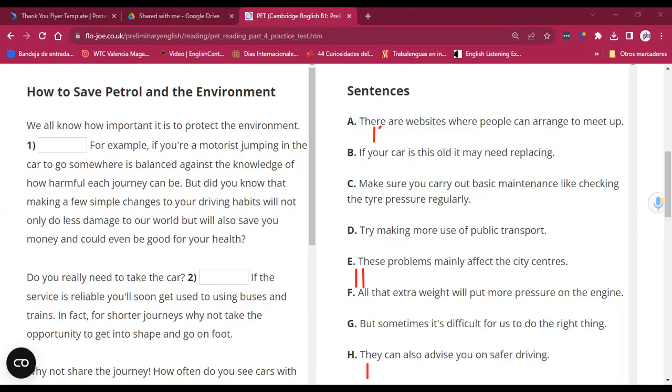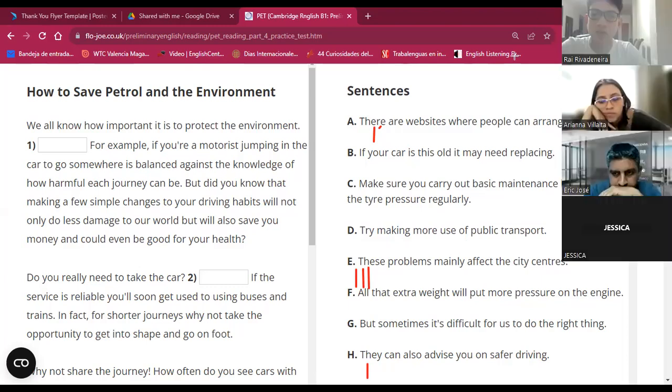Letter E. Jessica? Jessica seems to be left.